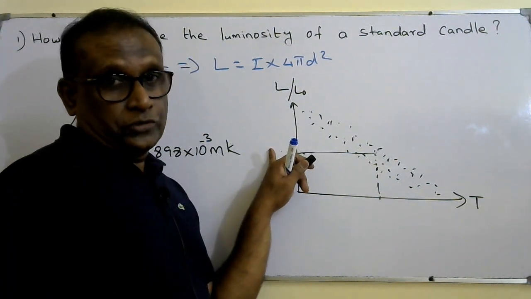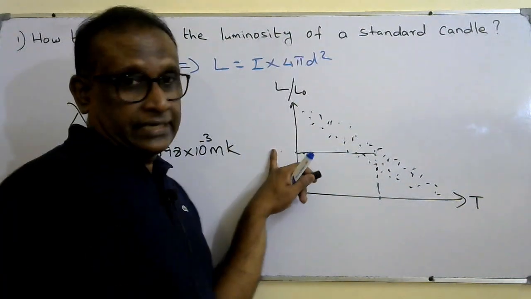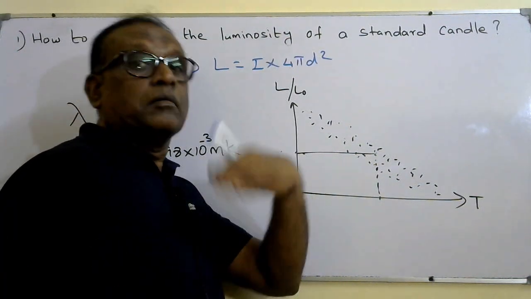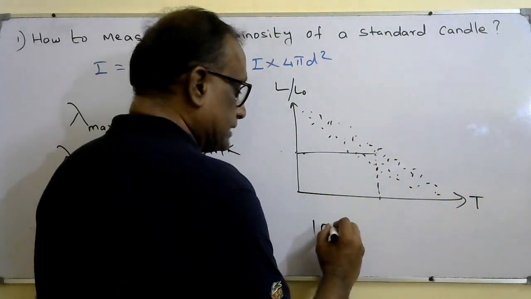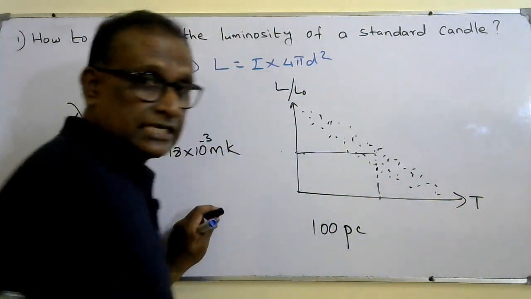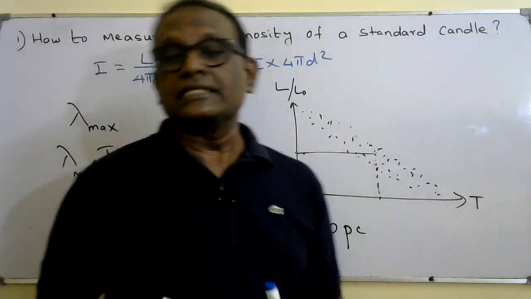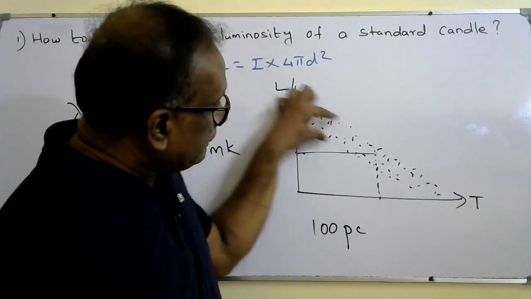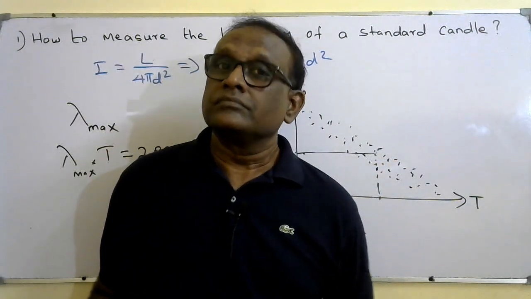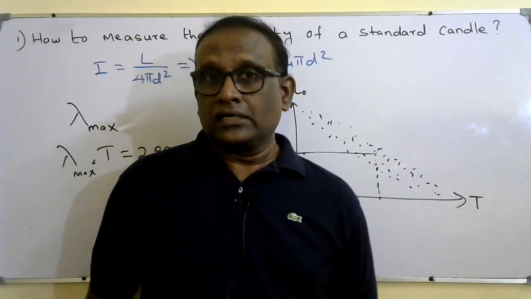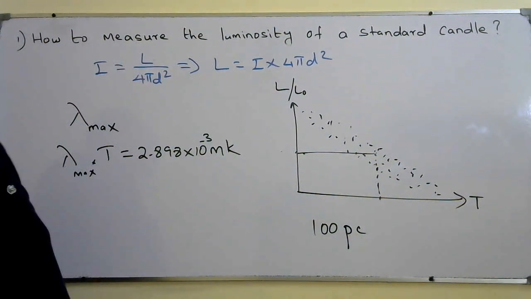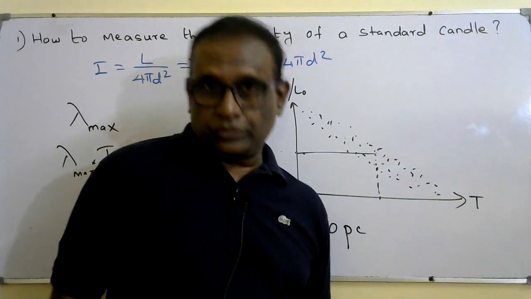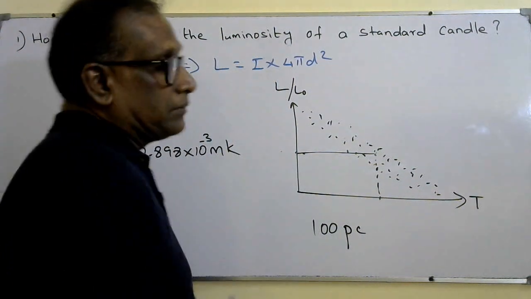Since you know the relative luminosity and the luminosity of the sun, you can calculate the luminosity of the standard candle, which is more than 100 pc, where we are unable to use trigonometric parallax. This is the answer you have to give. The uncertainty is due to the wider region of the center part that represents the main sequence stars.